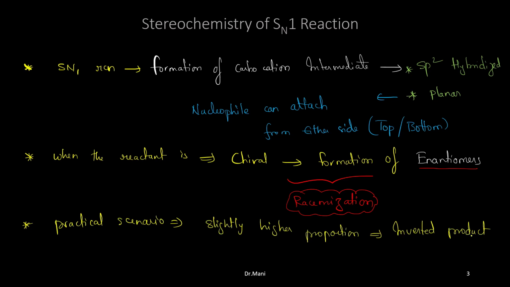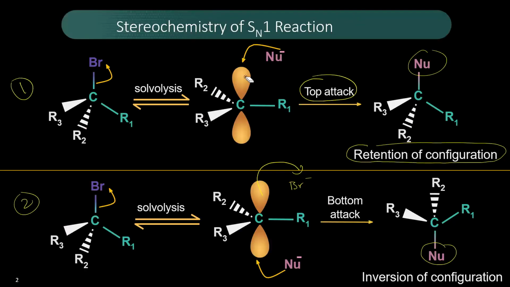Okay, so why can this happen? There could be two reasons. One is the intimate ion pair formation. The bromine and carbon are very intimate, and as both are very intimate, it is very difficult to separate the carbon and bromine.